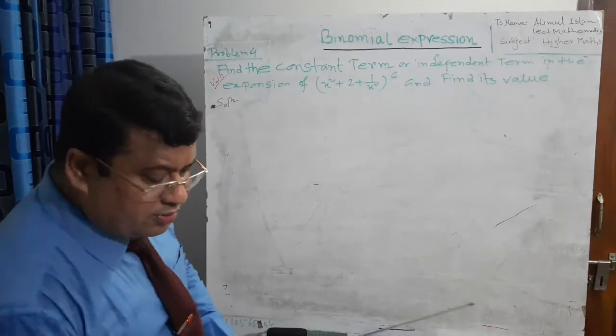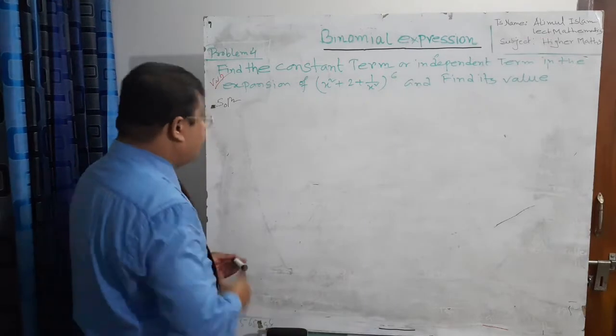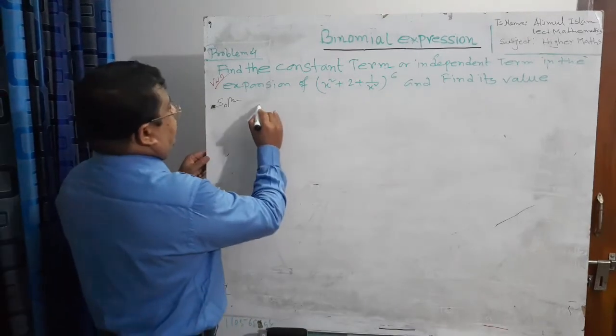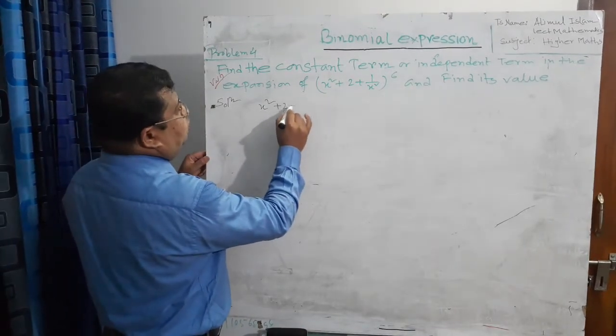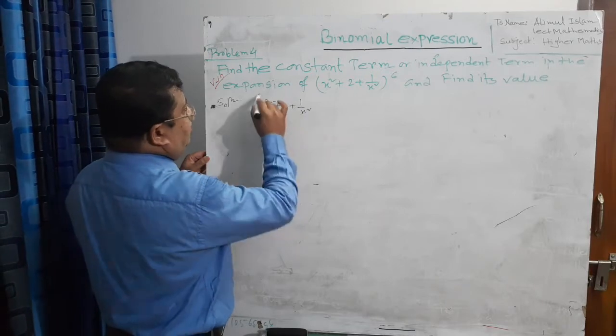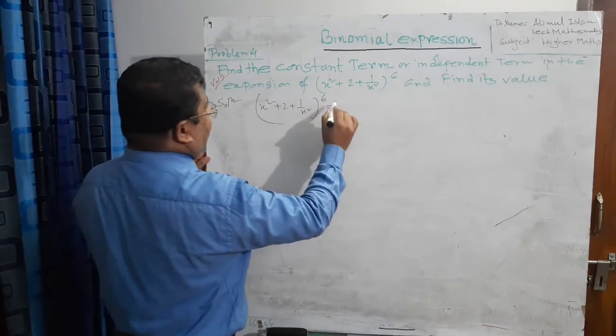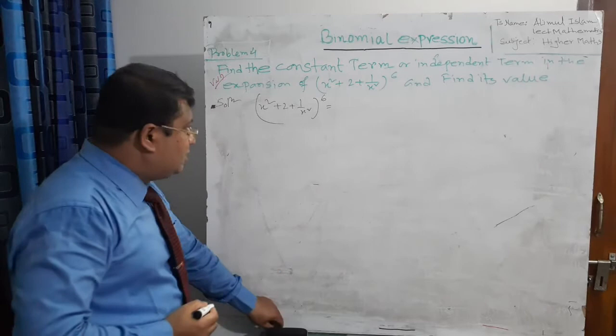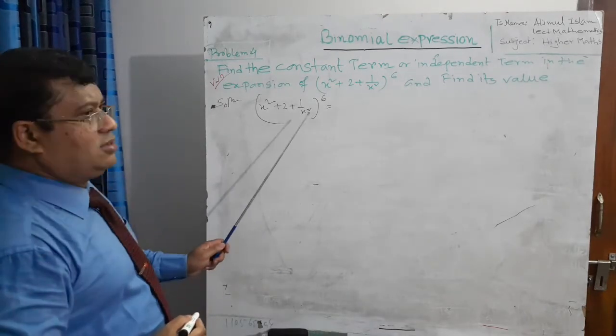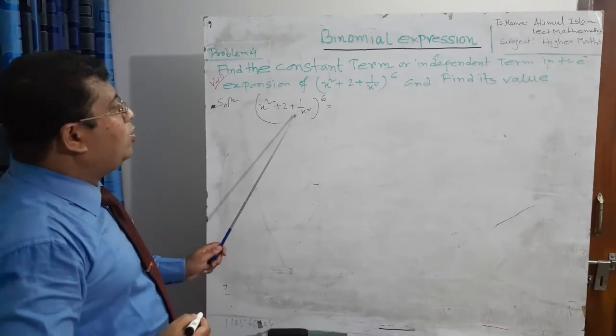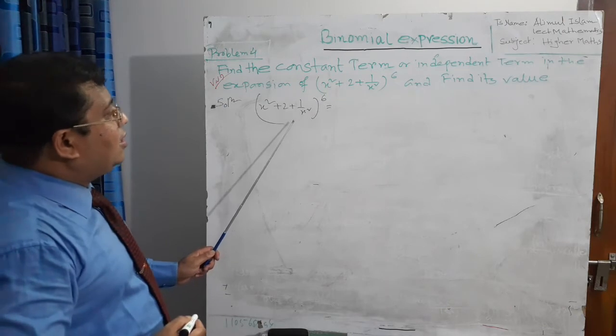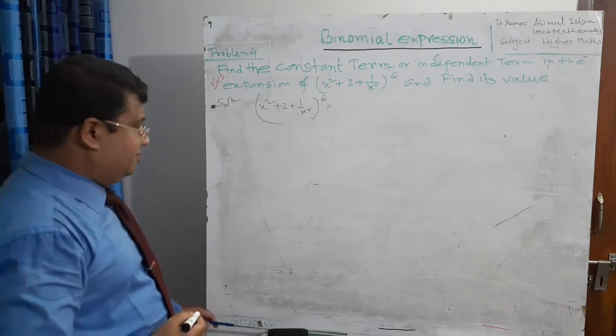Now it solves. (x² + 2 + 1/x²)^6, you can write in here. This has the sum of 3 terms, but you have to arrange the sum of 2 terms.